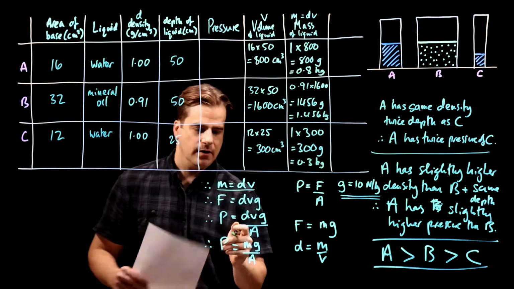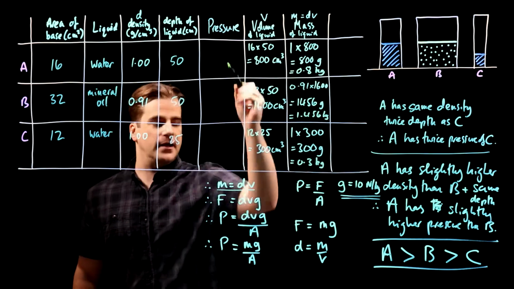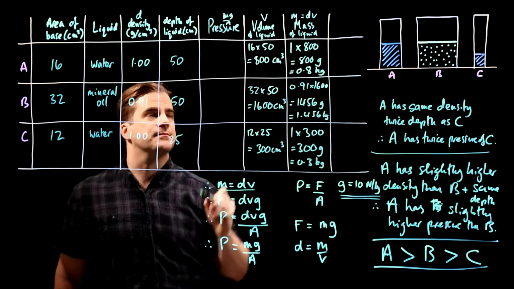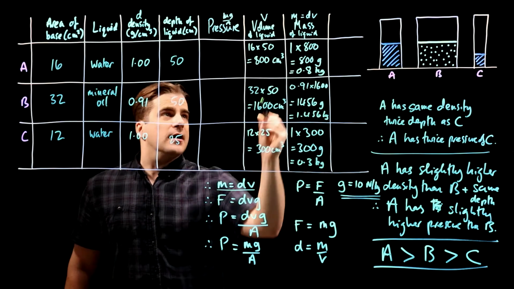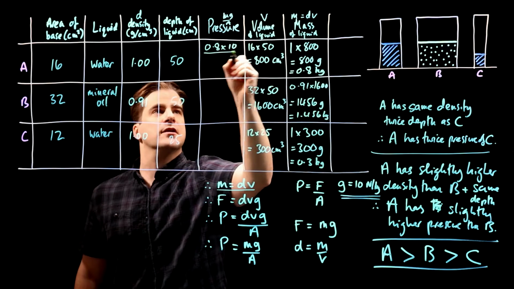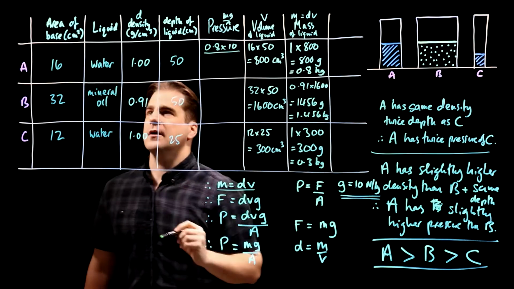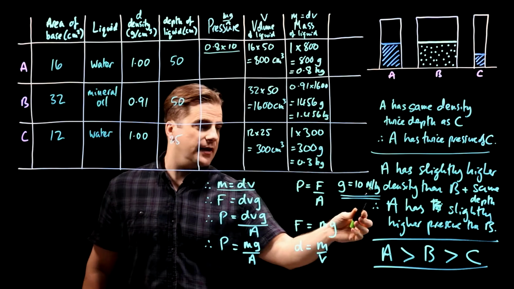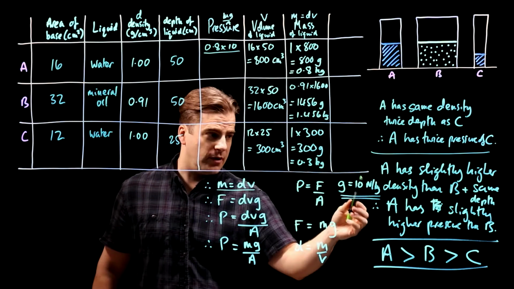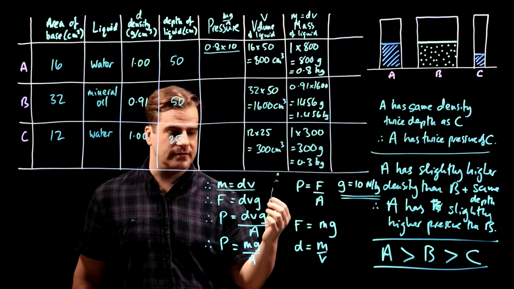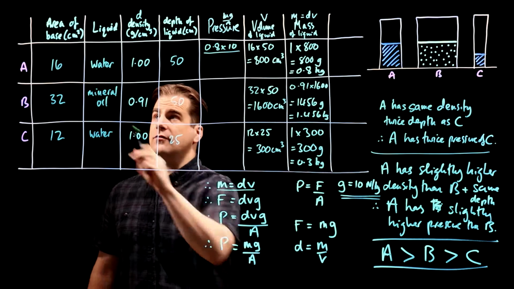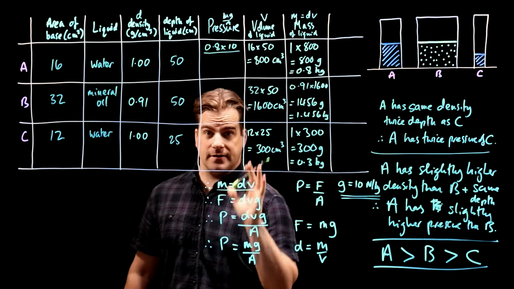So, pressure, mg over A. Mass is 0.8 times 10 over the area. Right, we've got to get the area in metres, okay? We work in newtons, kilograms and metres. We've been given centimetres squared, we need to convert that into metres squared. This is how you do it.